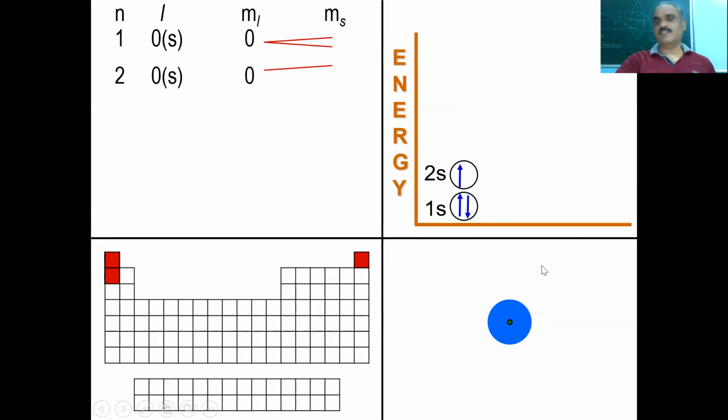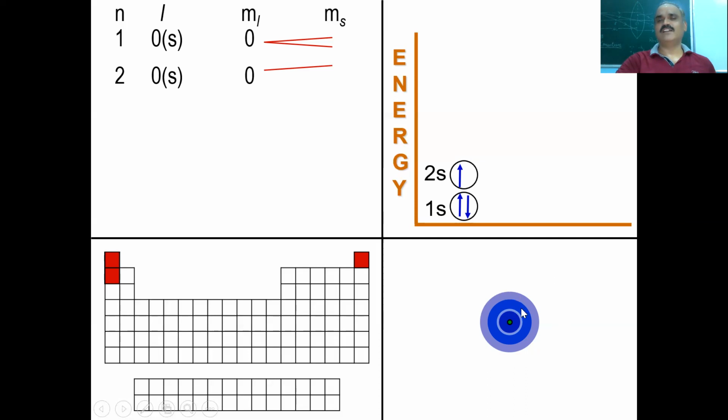The 2s orbital is again s. It will also have a spherical shape, but it will be bigger in size. And there will be a region where the probability of finding an electron is minimum, which is called a node.